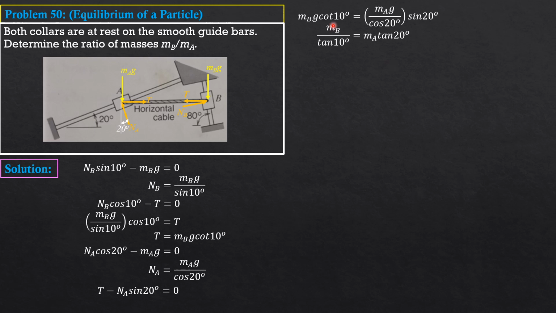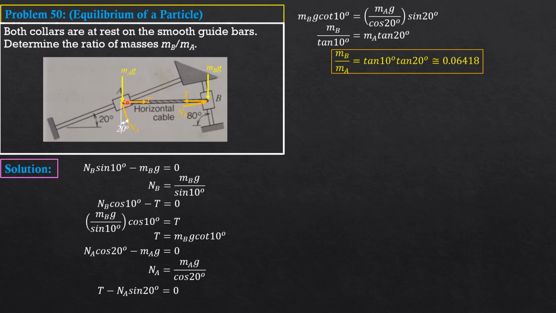So the ratio mB over mA therefore is tangent 10 degrees times tangent of 20 degrees, which is approximately equal to 0.06418.